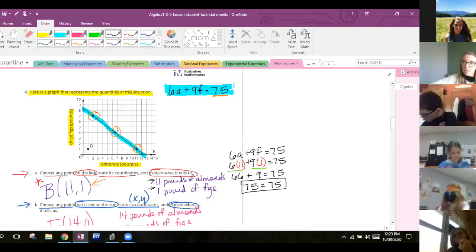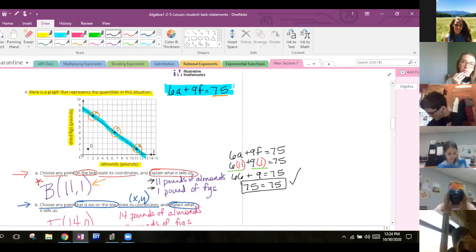All right, does 75 equal 75? Yes. Okay, so Braden said that the values on the line would add up to equal our constraint, 75. Is that true? Yes, it is true.